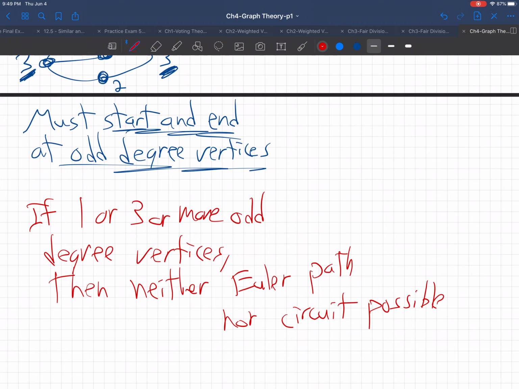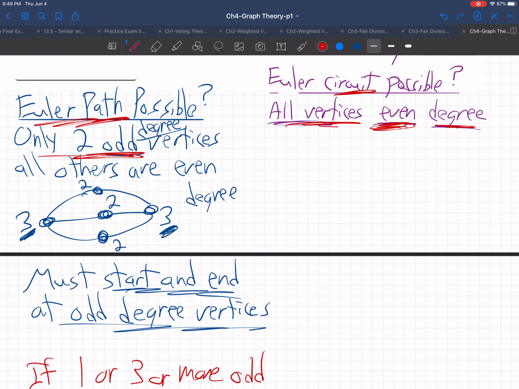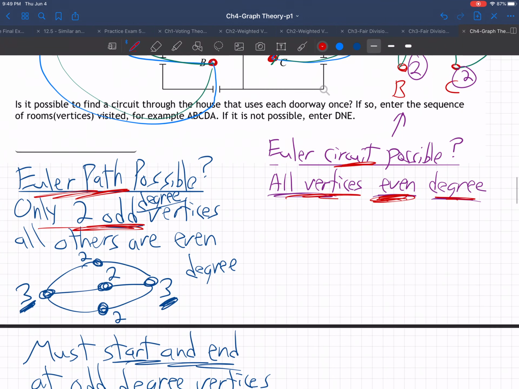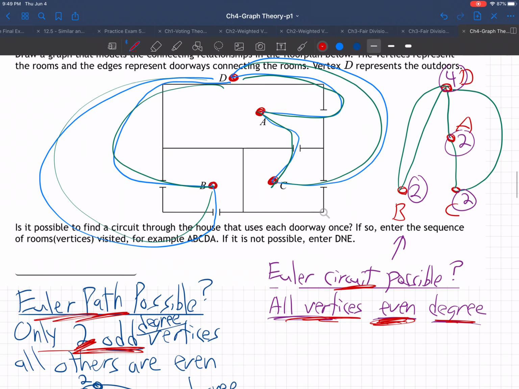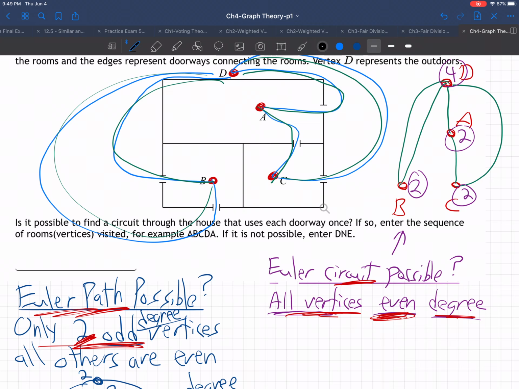Can't be done. So you have to have all even for an Euler circuit or just 2 odd for an Euler path.